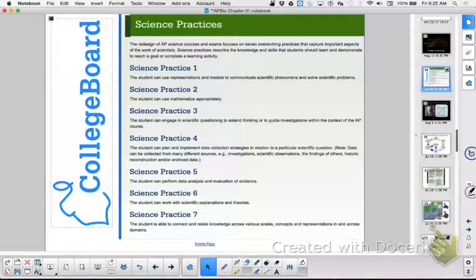Number 6, justifying conclusions and theories. Evidence to support a claim. Remember on all your labs, it goes claim, then what? Evidence, reason. Good. And number 7, expanding understanding and connections.